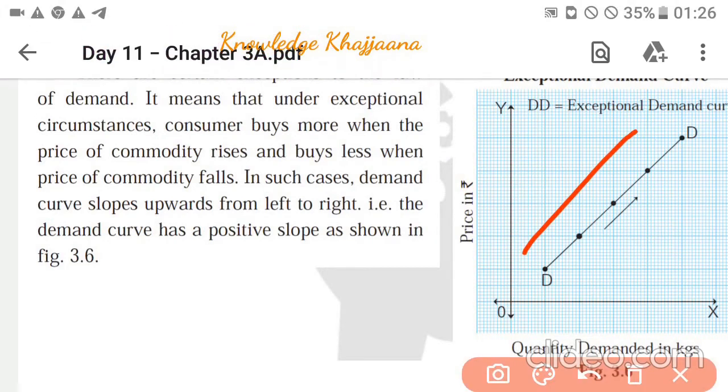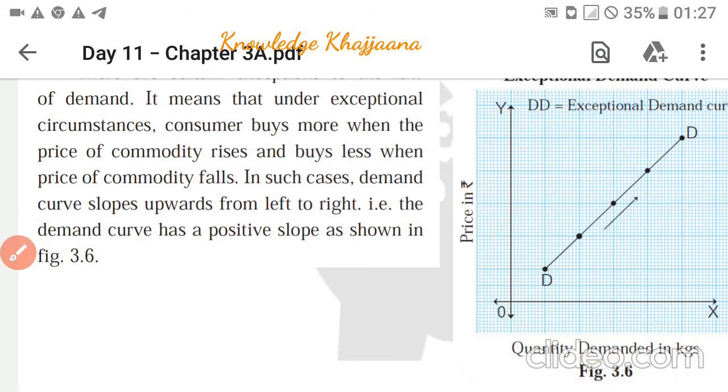That is, the demand curve has a positive slope, because it moves in an upward direction. With the increase in the price, there is increase in the demand, so it is moving upward from left to right.